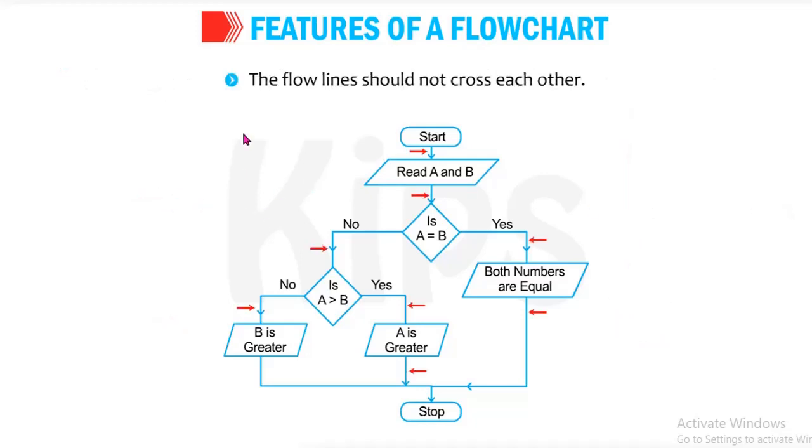Third one is the flow lines should not cross each other. Here you see, it is always mentioned here. Here the line will not cross like this, go to here. No, it won't cross the lines each other.